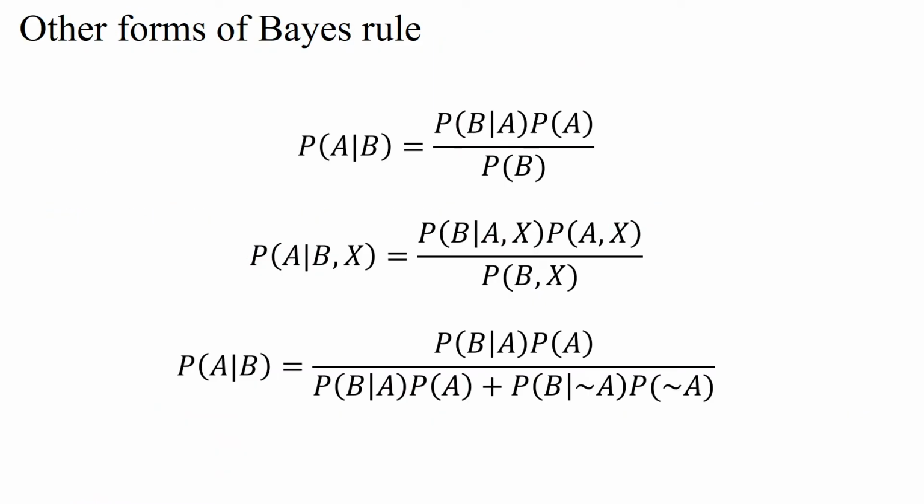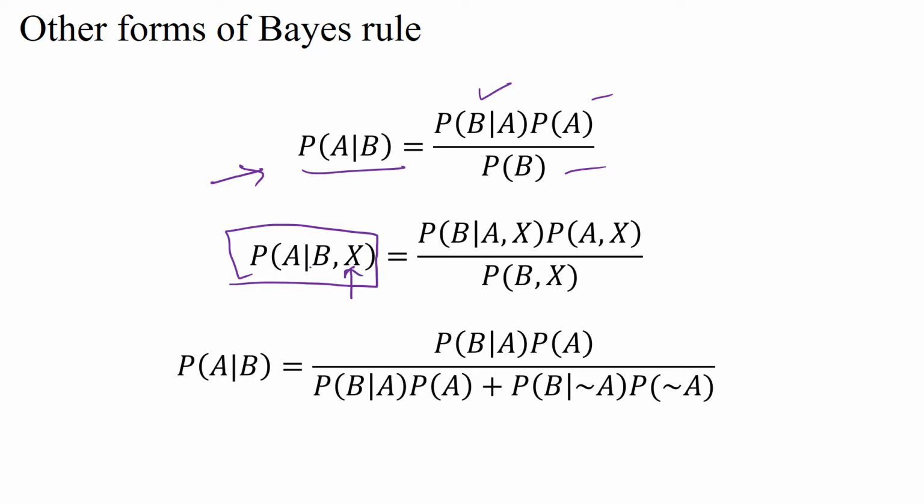That is the purpose of the Bayes theorem. Another kind of rule here: probability of A given B equals probability of B given A multiplied with probability of A divided by probability of B. Here, this is calculated with respect to the variable x, where x is the random variable.